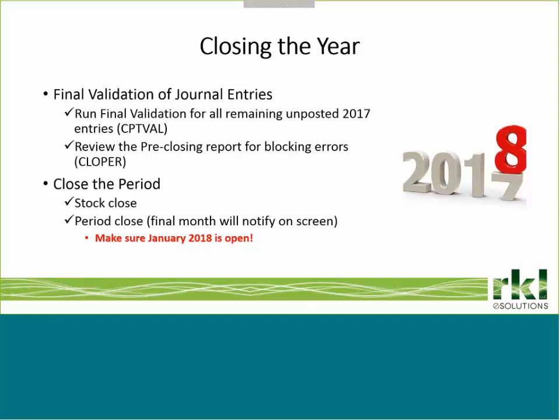So you've got to make sure that January 2018 is open. Normally it will be because usually you close after people start posting to 2018. So you'll probably want to make sure that January 2018 is open before year end so that when you come in on January 2nd, things are good to go.